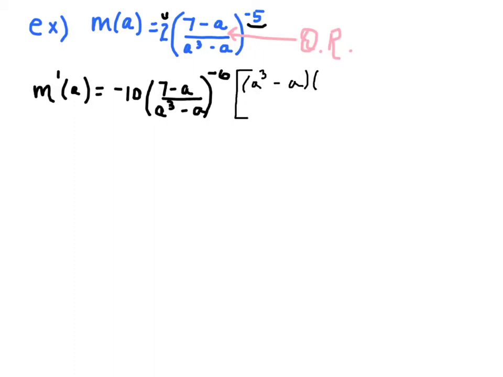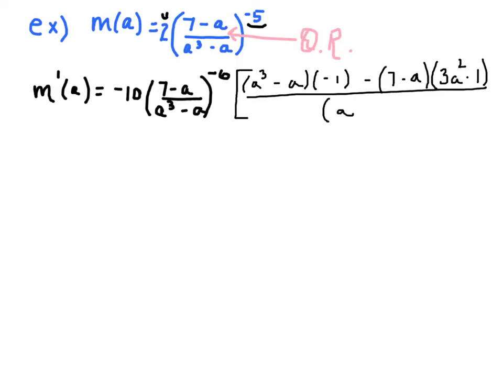The derivative of the top is just going to be negative 1, right? Minus the top, 7 minus a, times the derivative of the bottom, which would be 3a squared minus 1, all over the bottom squared. So a cubed minus a to the 2nd power.